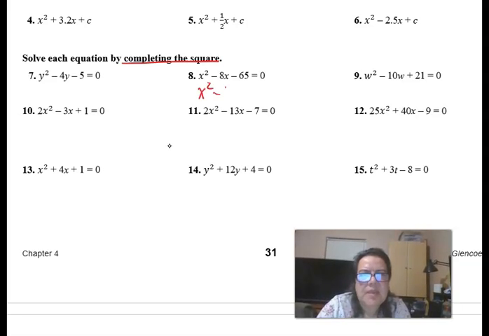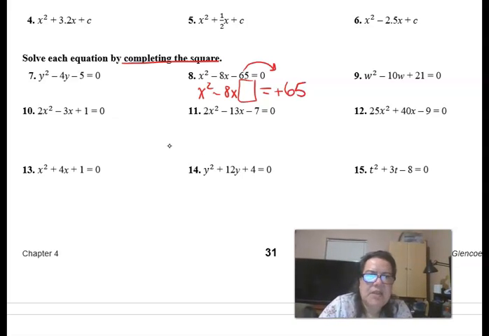x squared minus 8x is equal to, I'm going to leave that blank because I need something here. And I'm going to move my 65 this way, so it becomes a plus 65. So now I say to myself, I need something that when I square it, it's going to be related to this number. So what's the rule? Just take this number right here, divide by 2, so that's 4, and then square it.